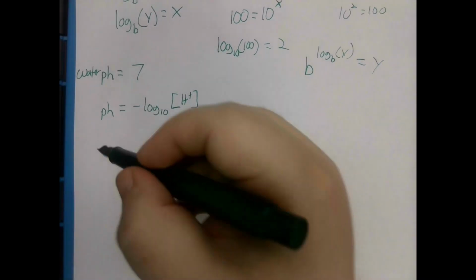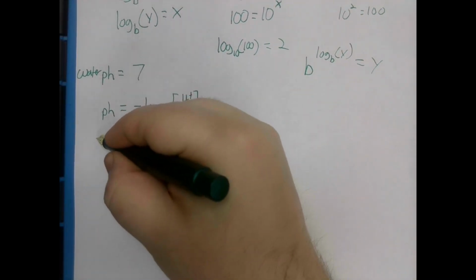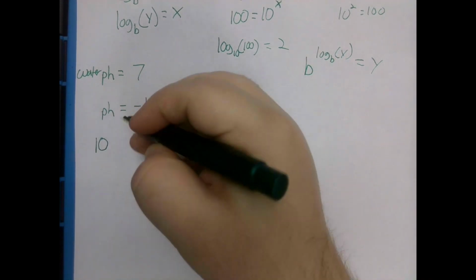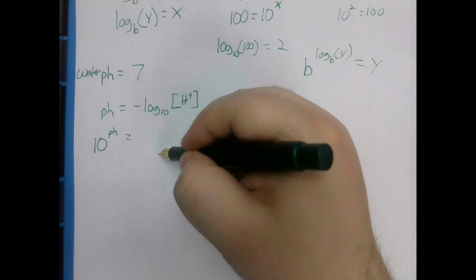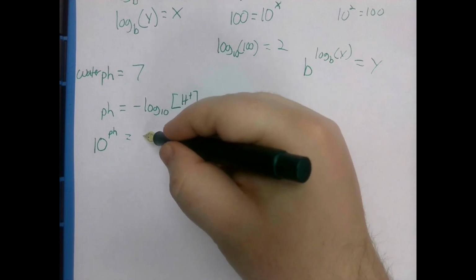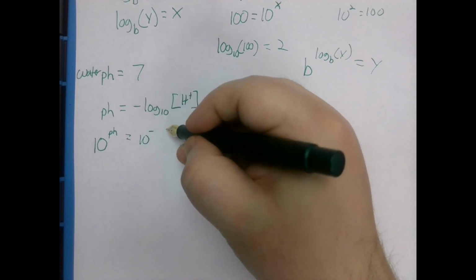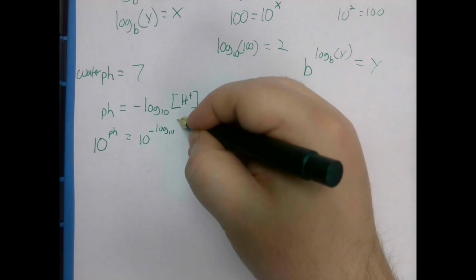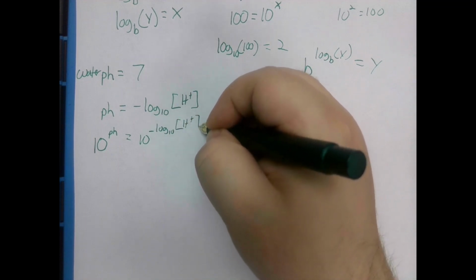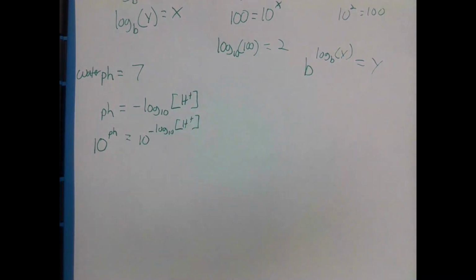So if I raise 10 to the pH, that is equal to 10 to the negative log base 10 of the concentration of H plus. And let me make sure that's right.